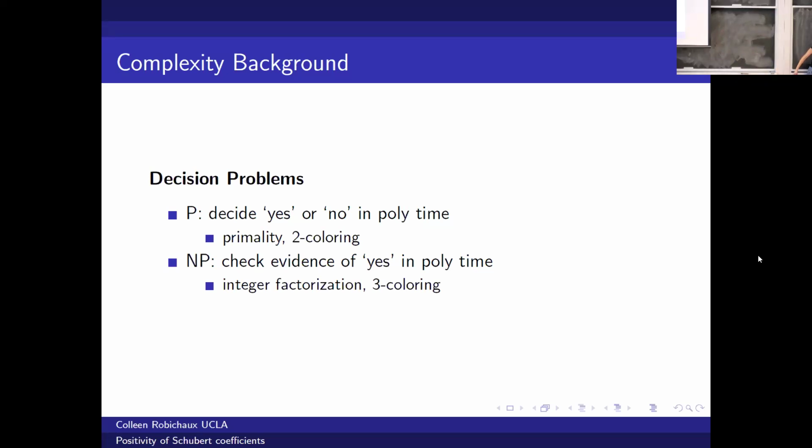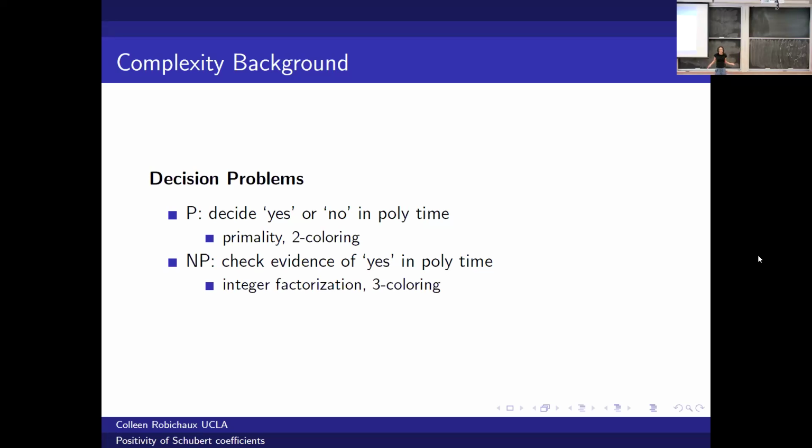If we go one level up, we hit the class NP. So this is non-deterministic polynomial time. Okay, and so these are the decision problems where you can check some evidence, some proof of yes in polynomial time. And so, for example, you could ask, is my graph 3 colorable?